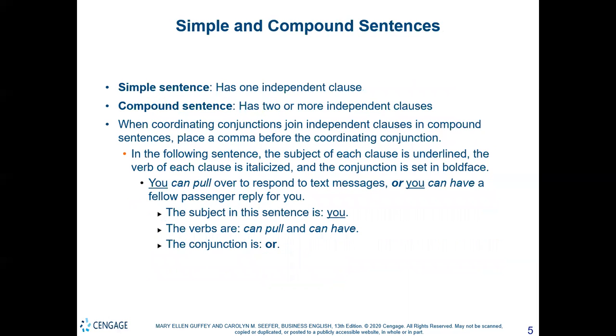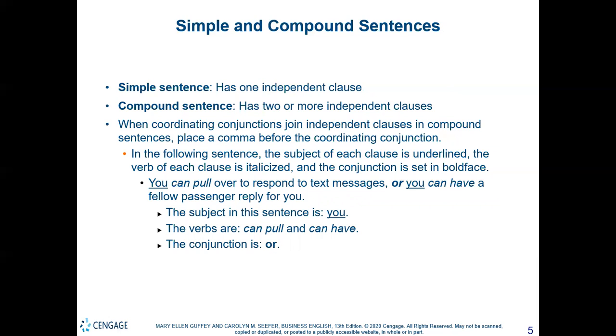Simple sentence: has one independent clause. Compound sentence: has two or more independent clauses. When coordinating conjunctions join independent clauses in compound sentences, place a comma before the coordinating conjunction.